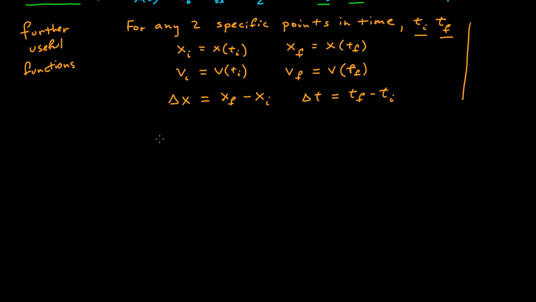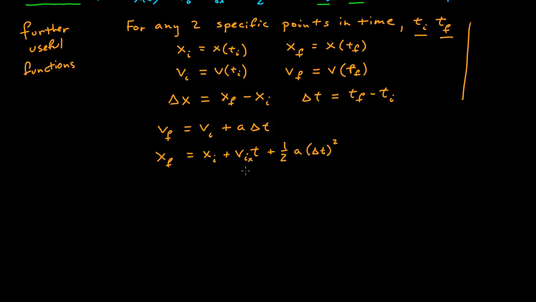Okay, for these constraints, for these definitions, we now have a set of very useful expressions, relationships between all these parameters. We know that the final velocity is equal to the initial velocity plus the acceleration times the time interval. The final position is equal to the initial position plus the initial velocity times the time interval plus 1/2 times the acceleration times the time interval squared.